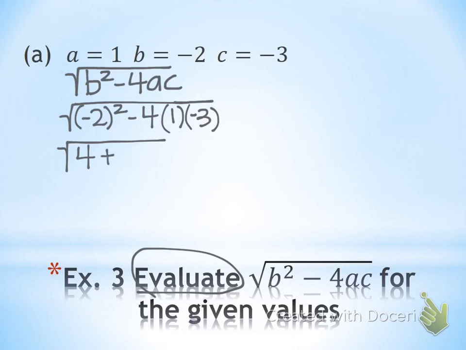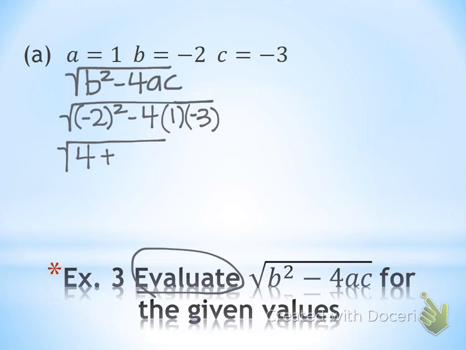So once I figure that out, now I'm just doing 4 times 1 times 3. So it's up to you. If you want to plug the negatives into the calculator, or include the negatives when you're doing this in your head because you don't need a calculator, that's fine. But remember the rule. If there's an even amount of negative signs, your answer is positive. If there's an odd amount of negative signs, your answer will be negative.